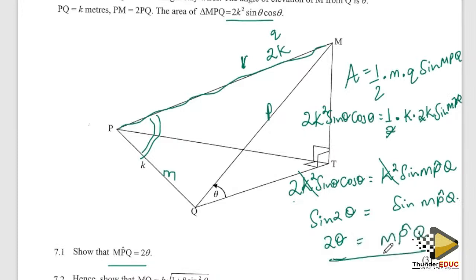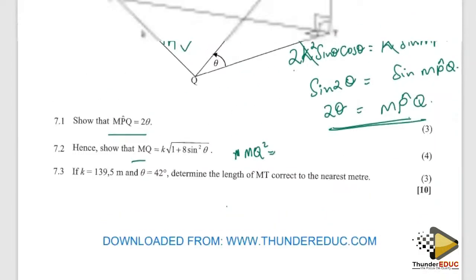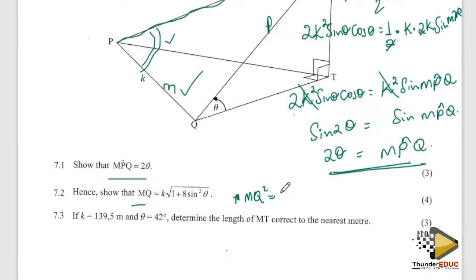So that's how we would have shown that. It's going to be the same as PQ squared plus the PM squared minus 2 PQ M, the cos of MPQ.